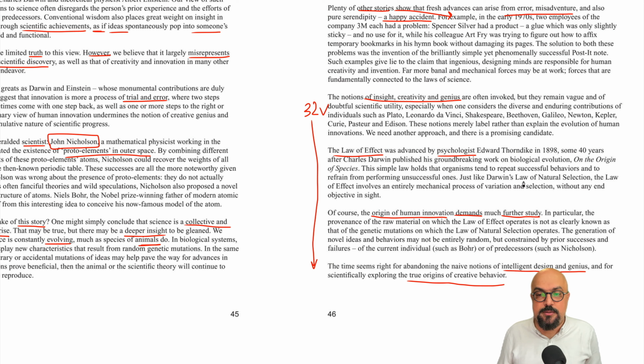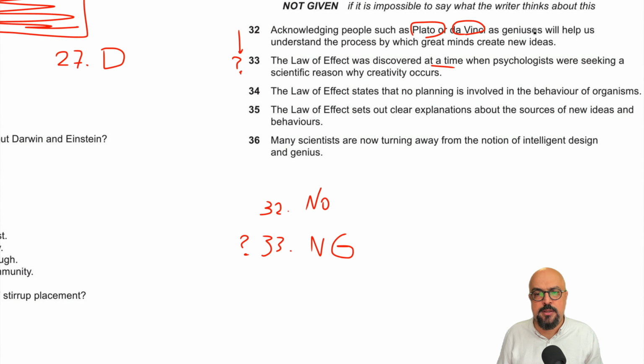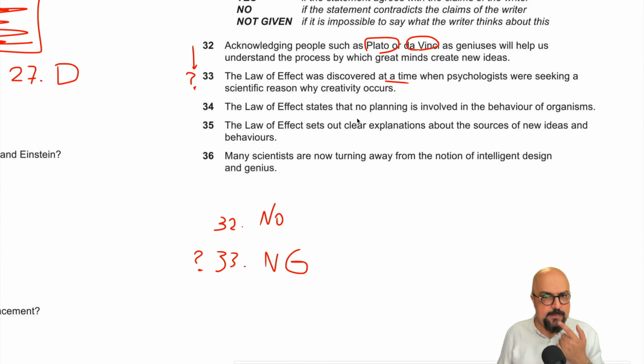Just like Darwin's law of natural selection, the law of effect involves an entirely mechanical process of variation and selection without any end objective in sight. So it's just based on not repeating bad behaviors and repeating good ones.